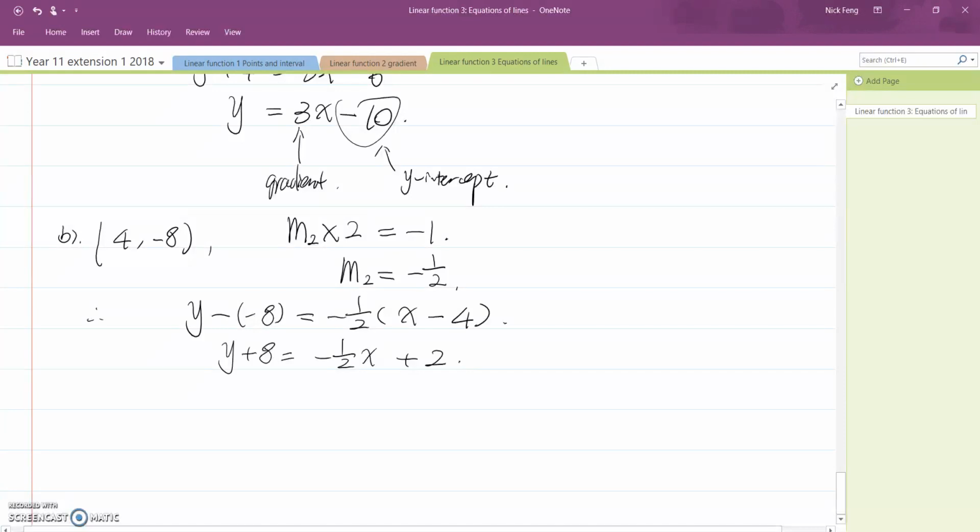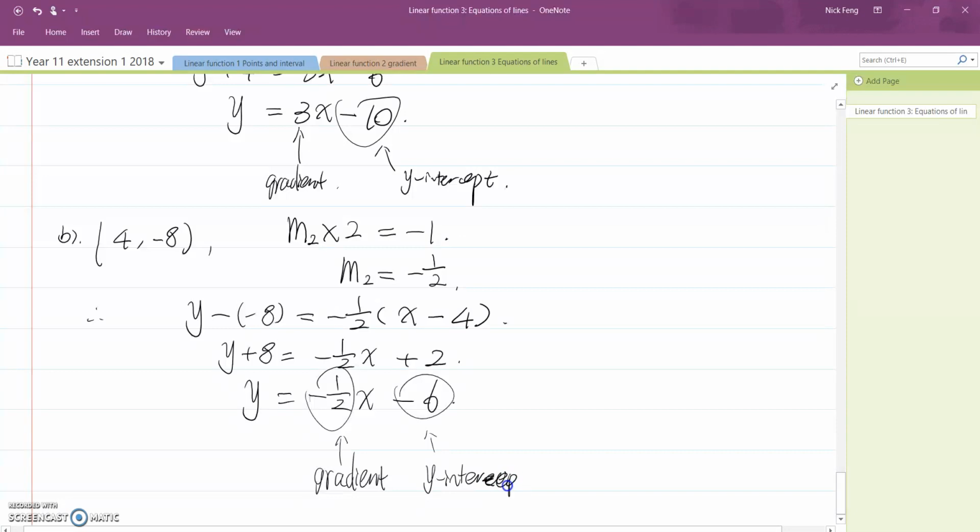Now, if you do want to change it into general form, that's okay, but I'll just leave it as gradient intercept form. In other words, the gradient is negative a half, and that is the y-intercept again.